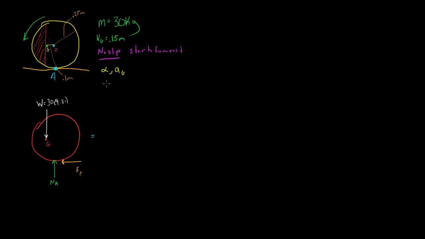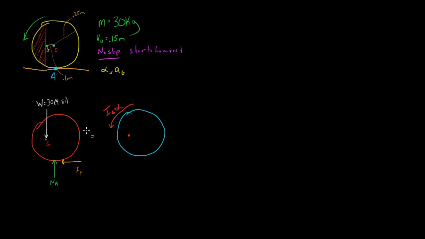And now we just have to draw a kinetic diagram. And with our kinetic diagram, we want to identify all the accelerations. So if here's point G, our center of mass, and this is what we're interested in figuring out, we know it's going to rotate like this. So this is going to be our moment of inertia about our center of mass times our angular acceleration.